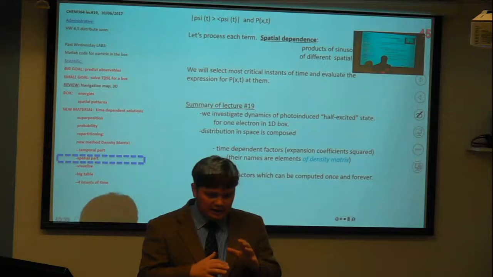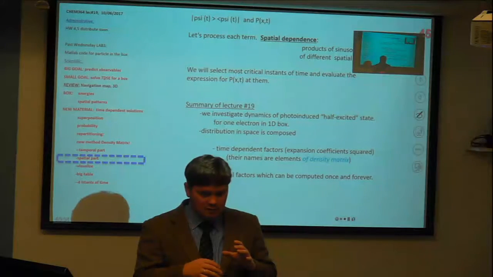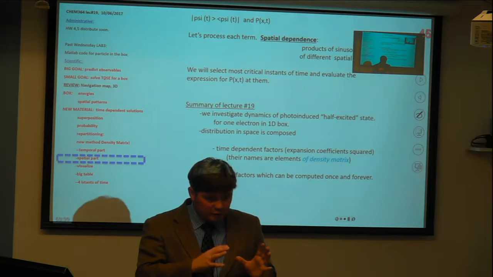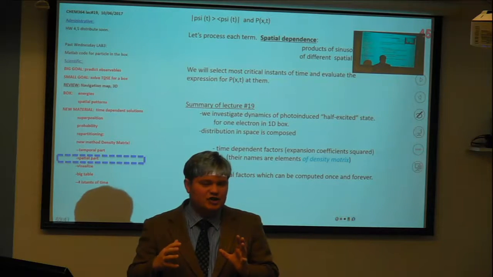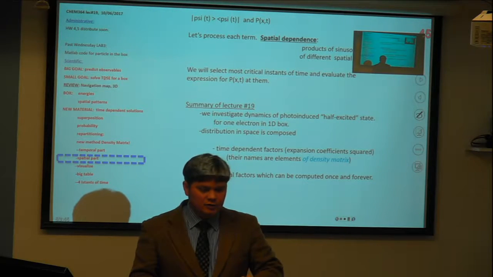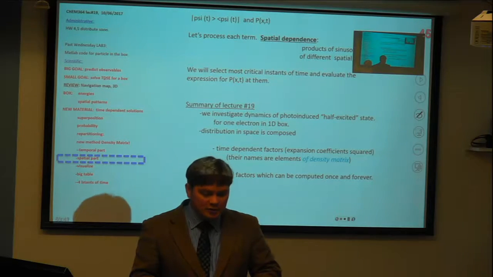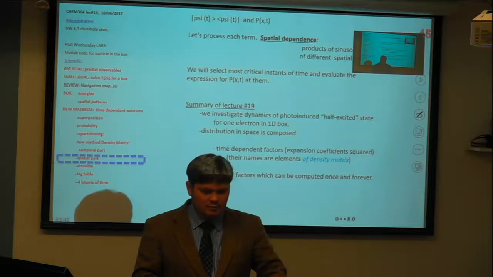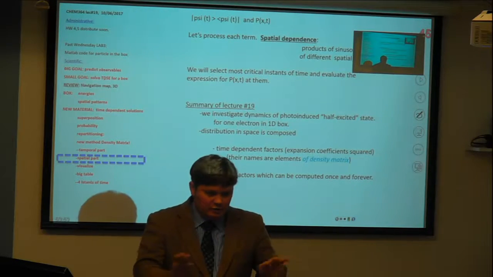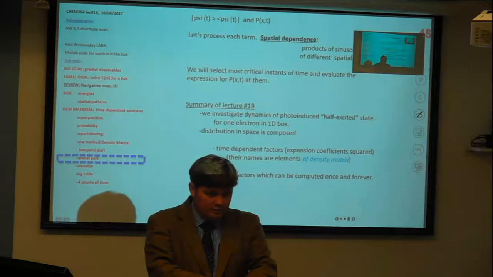And as a case study, we selected a 50-50 distribution between ground and excited and started following how it may change in time. We didn't get any answers right now, but we made preliminary steps of separating time and space dependencies, and then we just need to flash them back together.